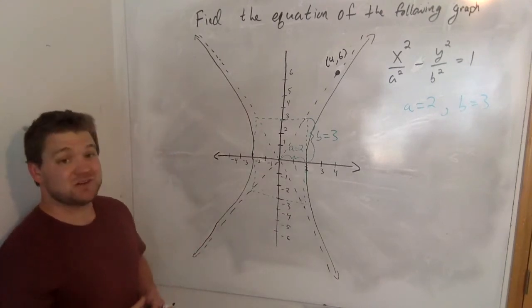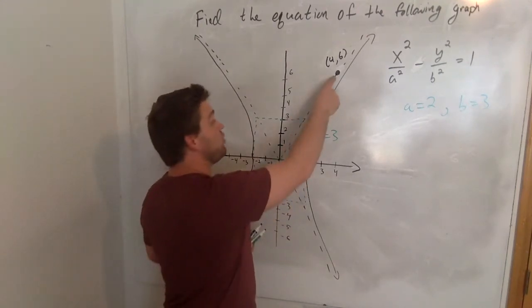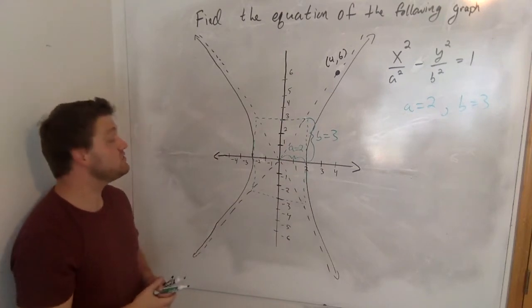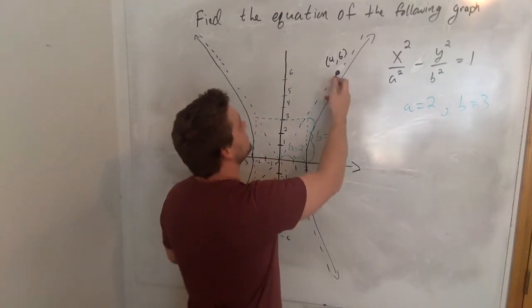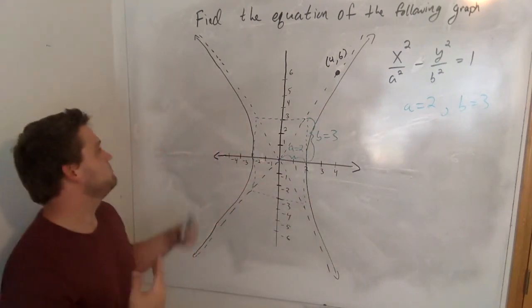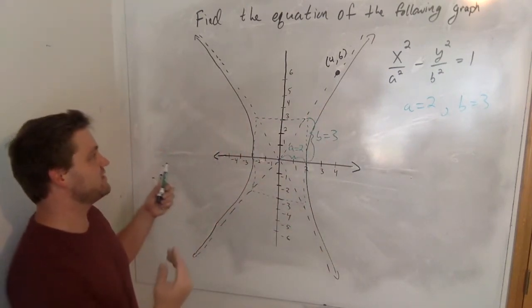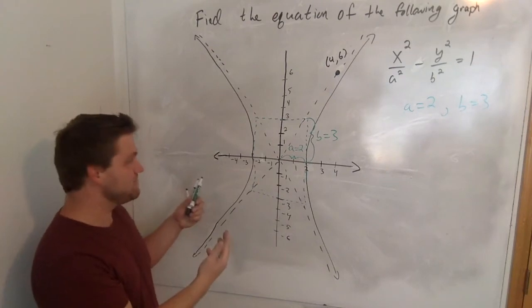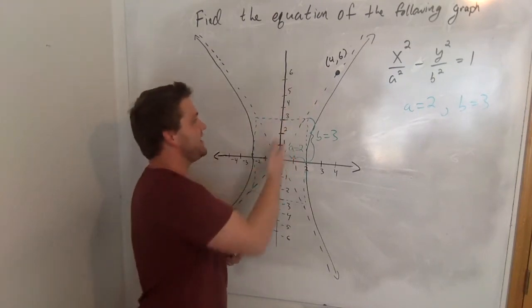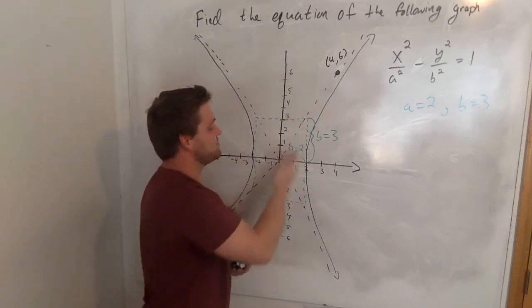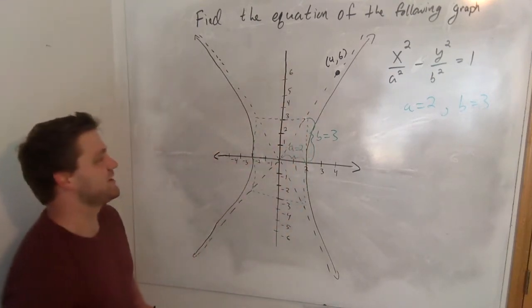Now, in general, usually problems won't give you a point on one of the slant asymptotes. In this case, because it was a hand-drawn graph, I just wanted to make it clear about one of the points. But if it's a problem from a textbook, you would want to look at the slant asymptote and try to find a point on it.